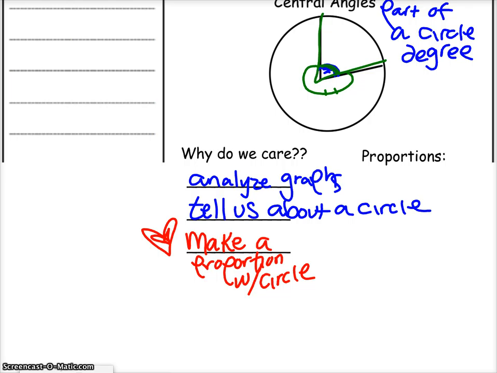If you remember proportions, we always go part is to whole as part is to whole. And a central angle is part of a circle. A whole circle is 360 degrees.